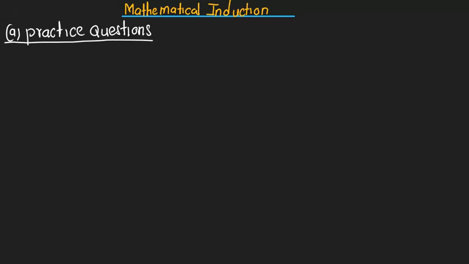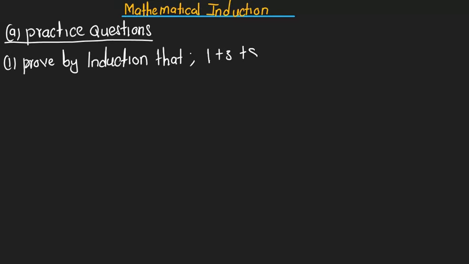So we have a question which is simply saying: prove by induction that 1 plus 3 plus 5 plus dot dot dot plus 2n minus 1 is equal to n to the power 2.